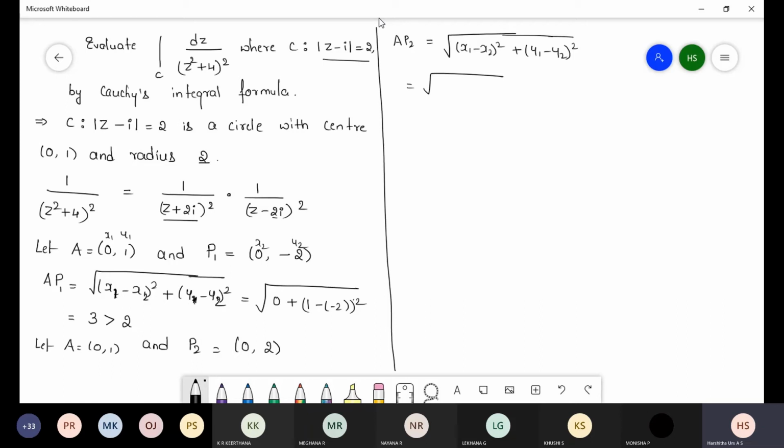Here x1 is 0 and x2 is 0, so 0 you will get. Next, (1 minus 2) whole square: minus 1 whole square is plus 1, so root 1 is 1, that is less than 2. So 3 greater than 2 means this point lies outside the circle.